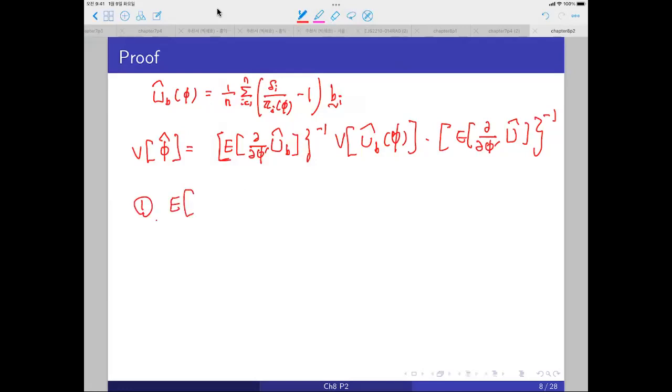So this one is the expectation of minus delta_i over pi_i squared times b_i times the partial of pi_i with respect to phi. Right, you have this guy.